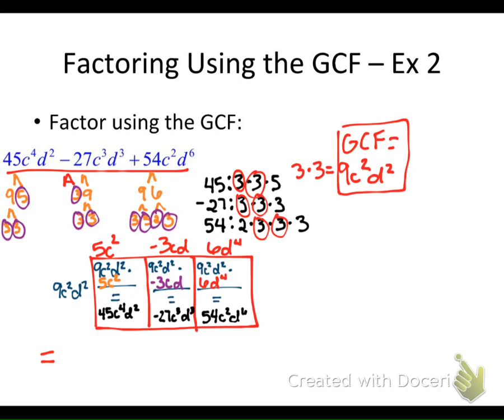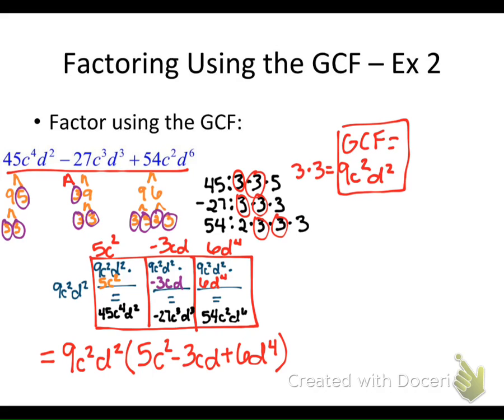So I have equals, remember, we do area equals height times width, so my height is going to go first. I have 9c squared d squared in parentheses because I have more than one width. I have 5c squared minus 3cd plus 6d to the 4th.